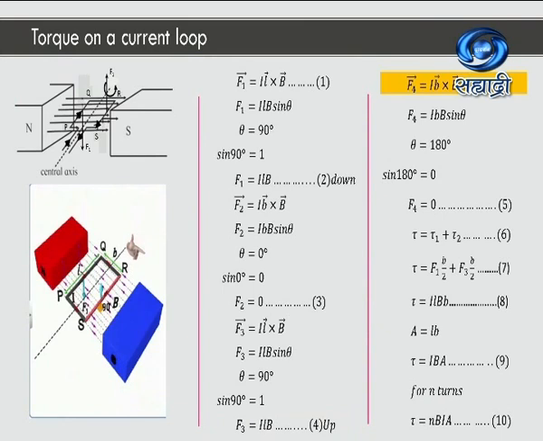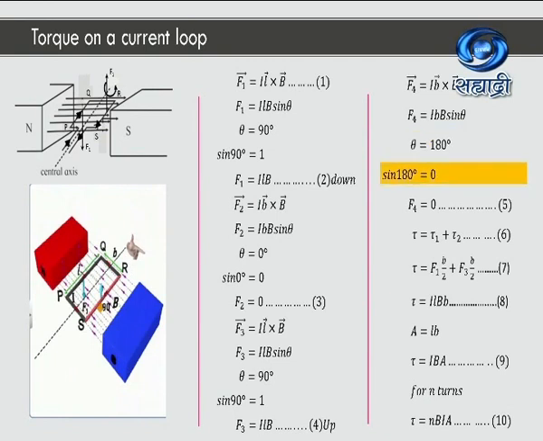We have got one more side left, that is SP, whose breadth is b. Therefore, force F4 is equal to I vector b cross B. F4 therefore is equal to I b B sine theta. Theta here is 180 degrees. Remember, we are considering the direction of current with that of the direction of magnetic field B. So theta is equal to 180 degrees.